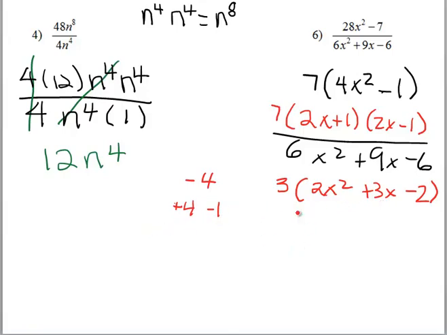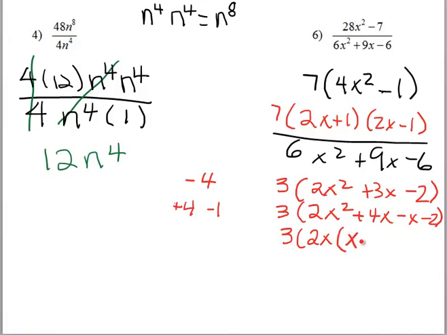So I'll have 3 times 2x squared plus 4x minus x minus 2, and then 3 times 2x times x plus 2 minus 1, and here be careful, x plus 2.